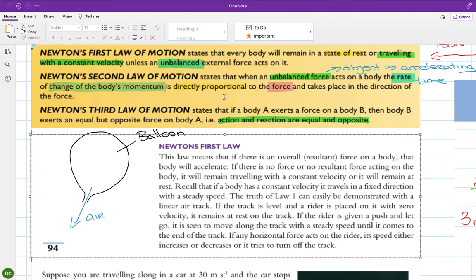And the force of the air shooting out the back, that is a force. Like if you put your hand on it, you'd be able to feel the force against your hand. So the air exerts a force in that direction that I've just drawn. And where will the balloon go?